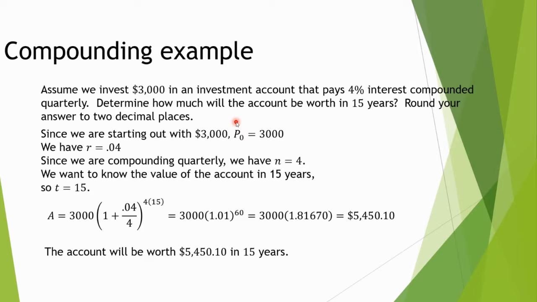It's compounded quarterly. What that means is it's compounded 4 times a year. We want to know how much will be in the account, how much it'll be worth, in other words, 15 years later.